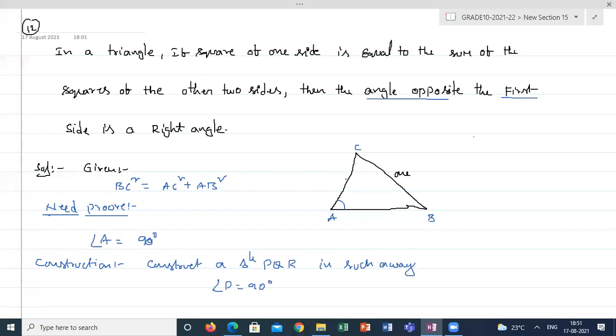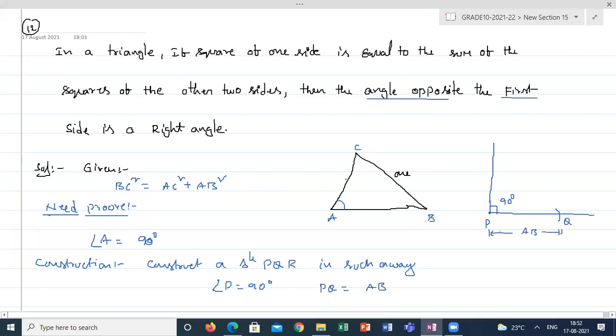That means I am taking a right angle. Angle P is 90 degrees. I am taking a compass and cutting from P: PQ is exactly equal to AB. So from P to Q, this is exactly equal to AB. And this point I am mentioning as Q.